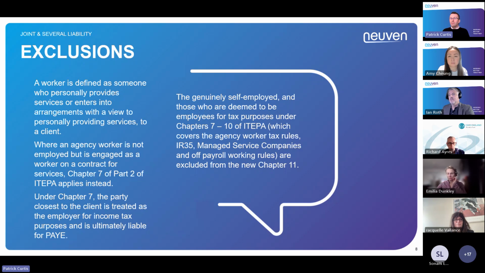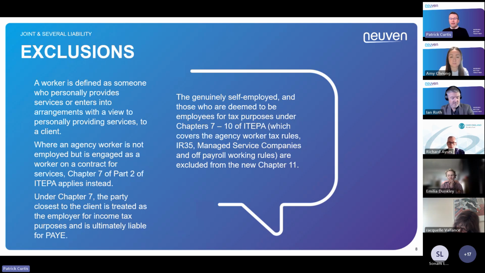Now, a lot of people employed by employment agencies are on contracts for services, not contracts of employment, and they pay their tax under Chapter 7 of ITEPA, and that has its own completely separate provisions around where liability lies for unpaid tax. It does not extend to clients. It basically moves the liability to the employment agency. So if a worker is on a contract for services and not a contract of employment, this legislation that we're talking about here does not apply.